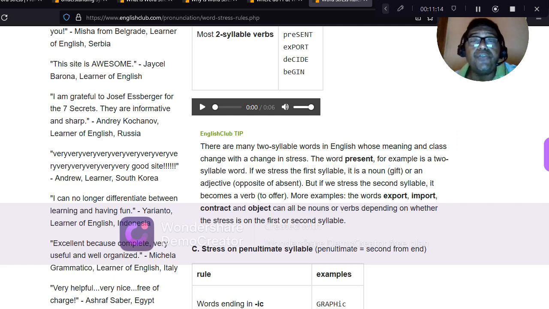If we stress the first syllable, it is a noun, gift, or an adjective, opposite of absent. But if we stress the second syllable, it becomes a verb, to offer. More examples: the words export, import, contract, and object can all be nouns or verbs depending on whether the stress is on the first or second syllable.